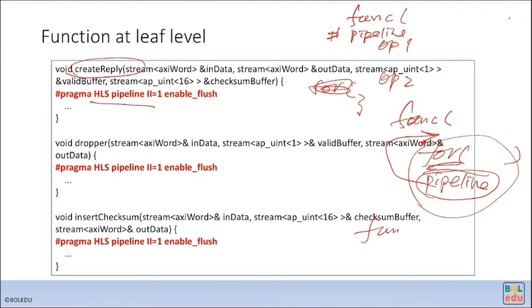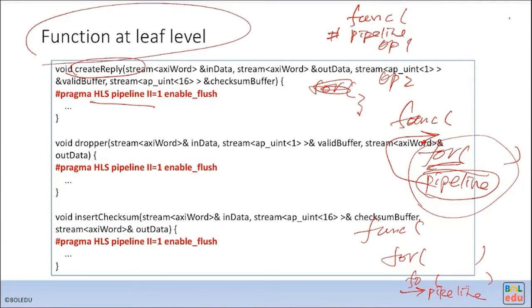If you have a nested for loop, then you want to put the pipeline at the inner one. That's the way you structure the function inside the function.